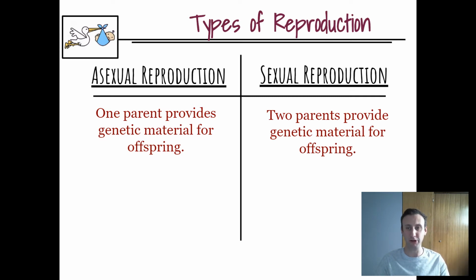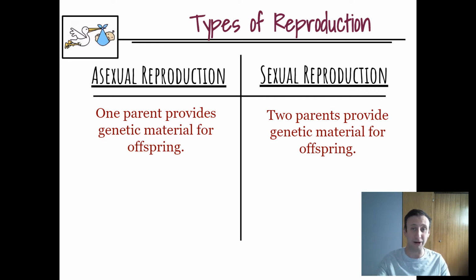So, types of reproduction, 2 main types. We're tackling asexual today, but asexual reproduction is where one parent provides genetic material for the offspring, and only one parent, as opposed to sexual reproduction, where we have 2 individuals providing genetic material for the offspring, 2 parents.